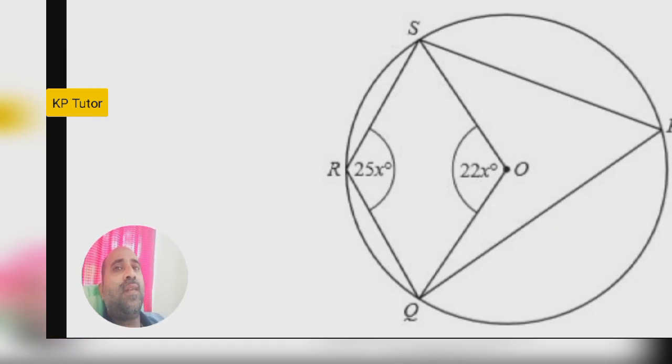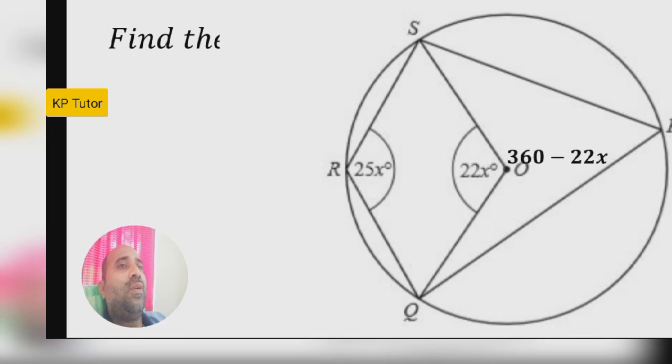Next, this is also the same question pattern we just discussed before. Here we have to find the value of x. So angle at a point is 360. So one angle is 22x, the reflex angle, and the remaining angle is 360 minus 22x.